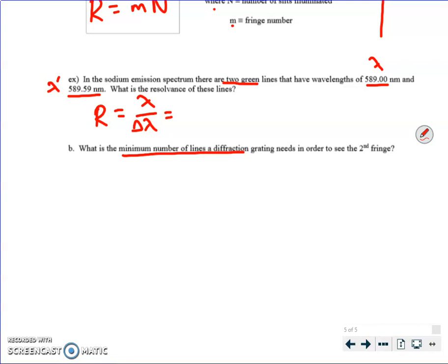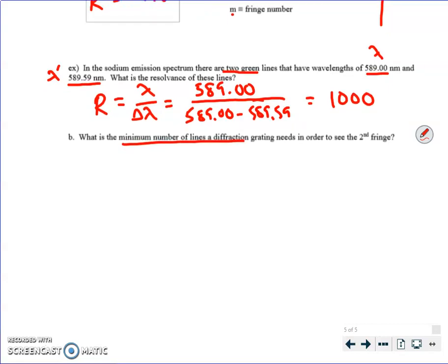We're interested in the 589 line, and then the difference between them, 589.00, so you can see why we have to be so precise, and 589.59. I'll work out the math for you, and this turns out to be 1,000. So the resolvance that we're shooting for is 1,000.